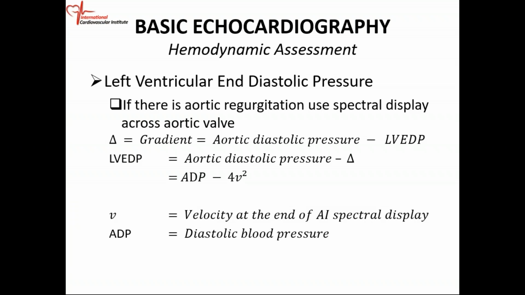Again, when you have aortic insufficiency, blood is going to flow in the opposite direction to which it normally flows. Blood normally flows from the left ventricle across the left ventricular flow tract, across the aortic valve, and into the aorta. That's the normal forward flow.